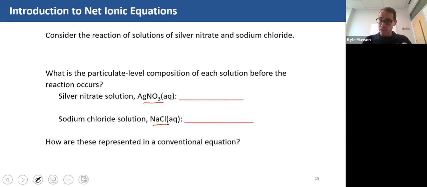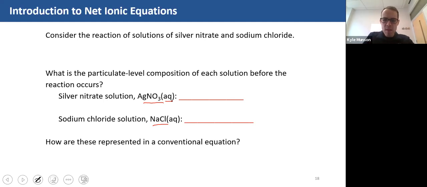Well, one thing I'll say before we answer that question is, if you remember, this AQ means aqueous, or that this compound is dissolved in water, okay? So since it's an ionic compound, when it's dissolved in water, it's going to break apart into silver ions and nitrate ions, which is something we saw, I believe, 2 videos back in this chapter.